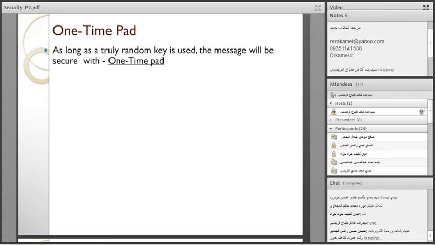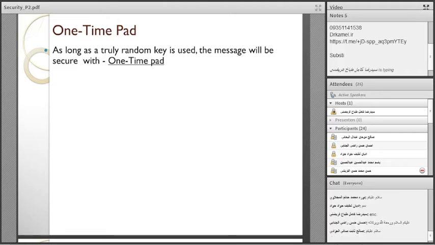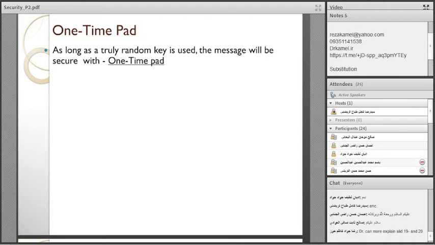If you remember, I will write in the notepad, we had substitution, we had transposition, we had XOR, and then we had product.